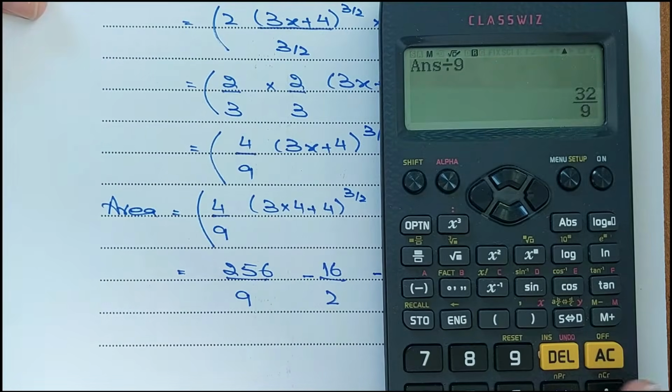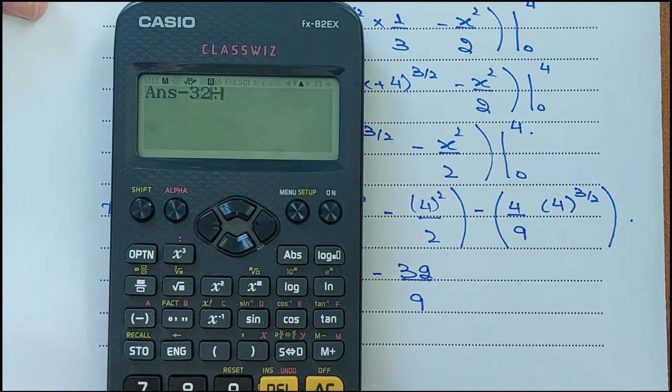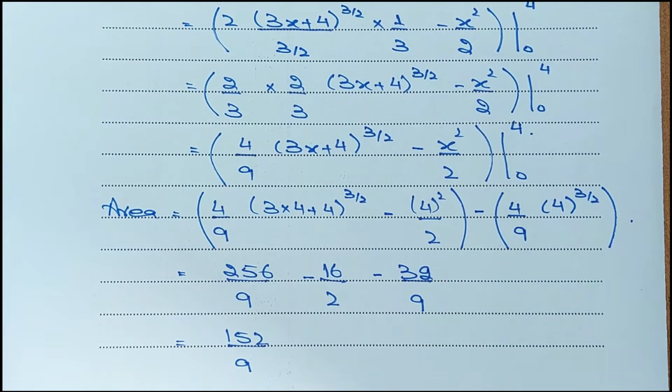Now let me simplify. 256 divided by 9, minus 16 divided by 2, and minus 32 divided by 9, which is 152 over 9 square units. So that was the last question of our paper.